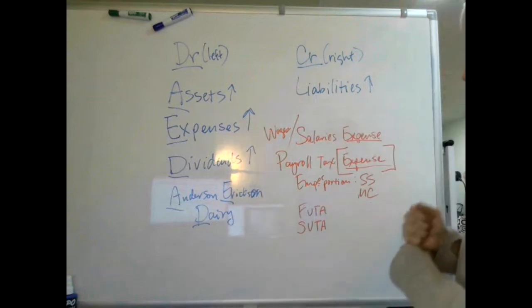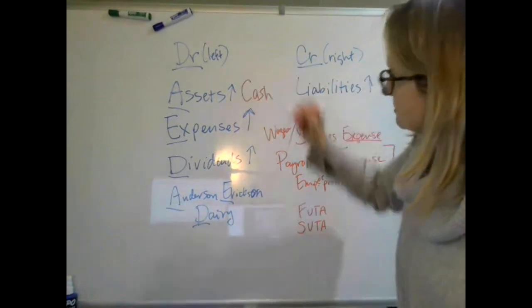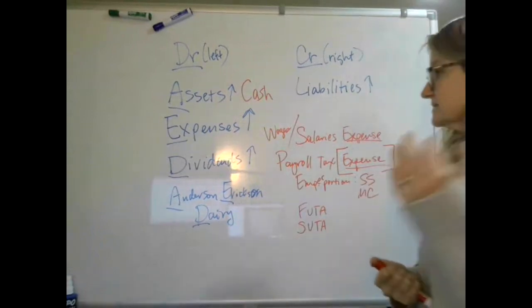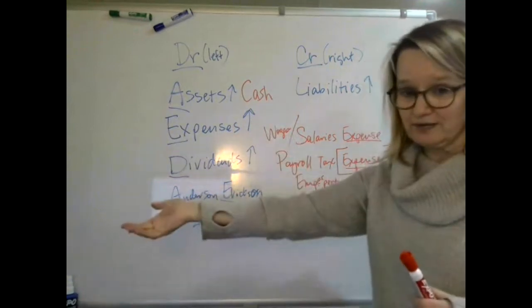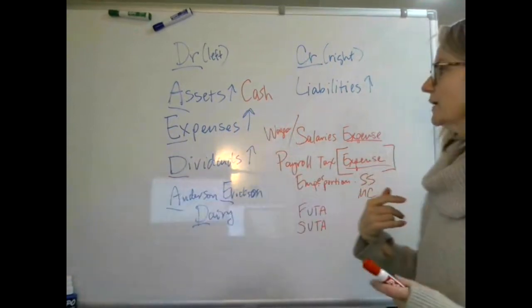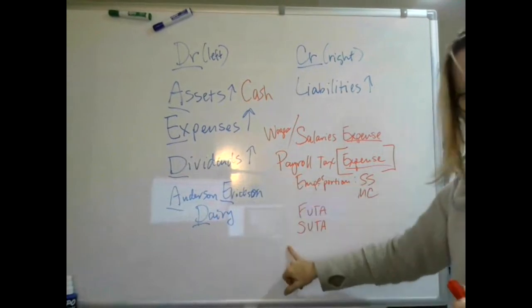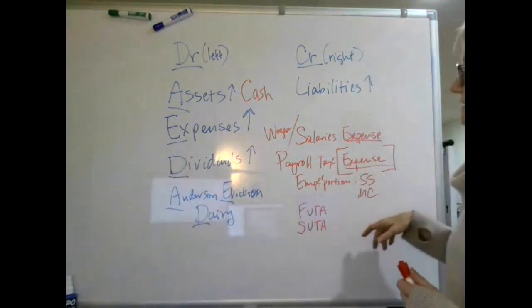Because think about one of the big assets that we have, something called cash, right? That's our most liquid asset. When we pay employees, we've got cash going out, right? When we pay our payroll taxes, we've got cash going out at that point.